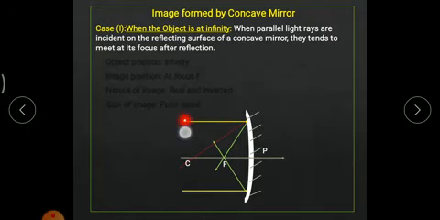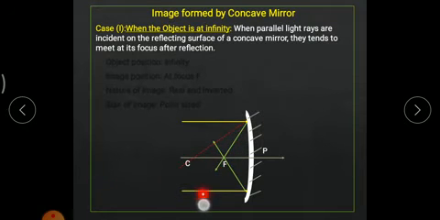Now again, this is the incident light ray which is parallel to the principal axis. This yellow line is an incident light ray coming from an infinite distance. It hits the surface, and since this incident ray is parallel to the principal axis, at the point of incidence the reflected light ray would pass through the focus.